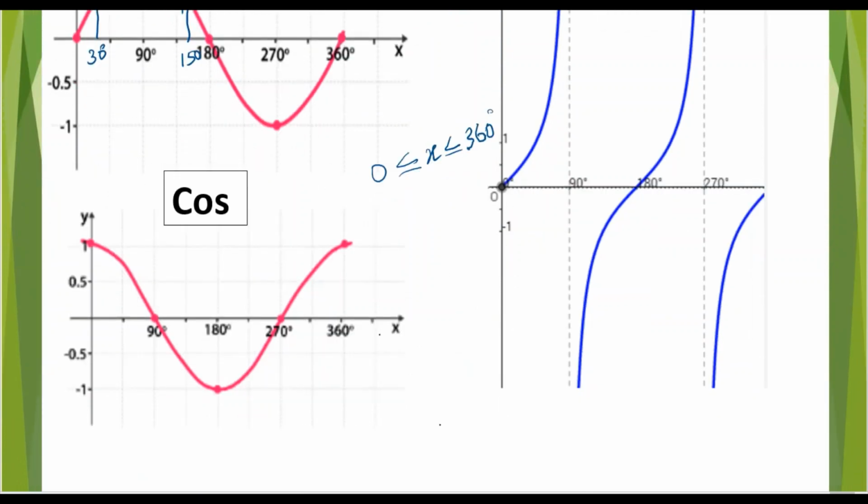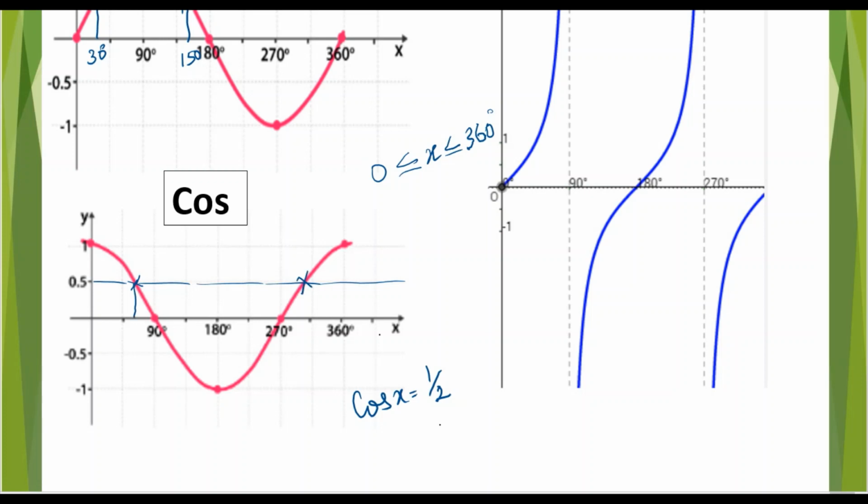So for cos also we'll take 1 over 2. Suppose the function is cos x equal to 1 over 2. Draw the line. Okay, the solutions are where the line intersects the curve.